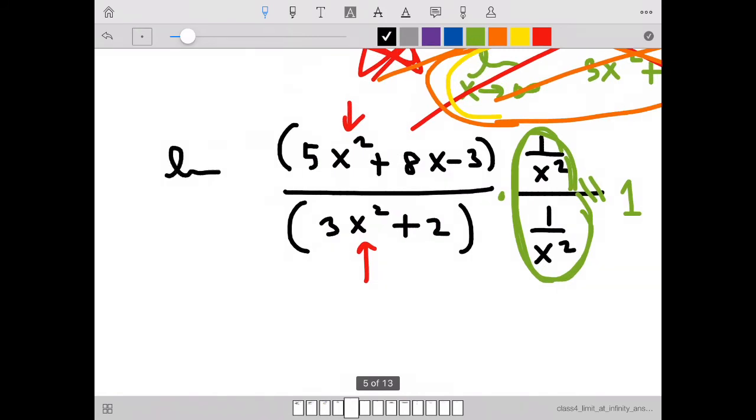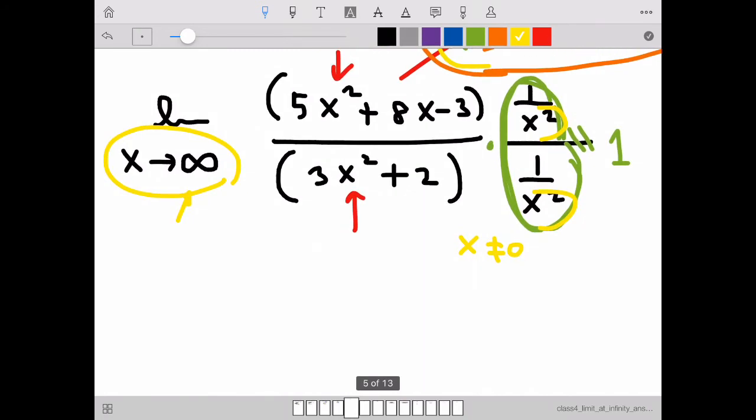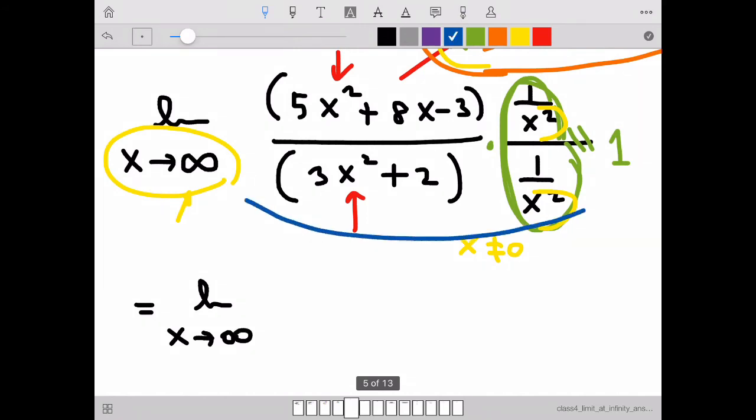So it was this. Since x is approaching infinity, I know that x is not 0 because x is a big number. So I can divide by x squared safely. So when we do that, limit carries on. I am not doing the limit yet. I'm just rewriting my function.